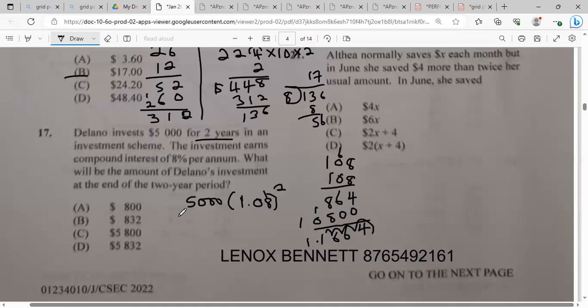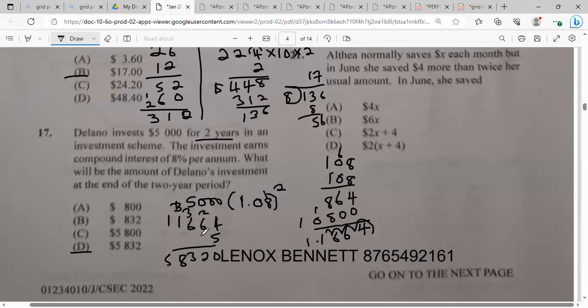Let's see, 5 times 4 is 20, 5 times 6 is 30, and that makes 32. 5 times 6 is 30, and that makes 33. 5 times 1 is 5, and that makes 8. 5 times 1 is 5. So we have 5, 8, 3, 2.